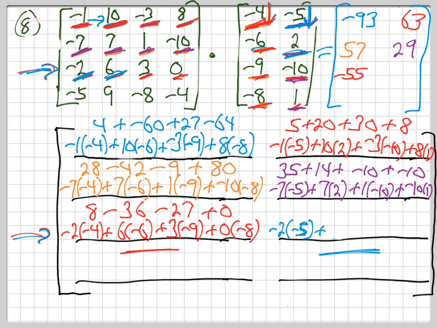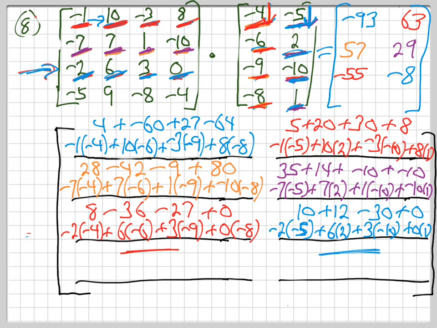Jump to the right, jump down. 3 times negative 10. Jump to the right, jump down. 0 times 1. So what do we get? 10 plus 12 minus 30 plus 0. So minus 8. All right, we're getting close.